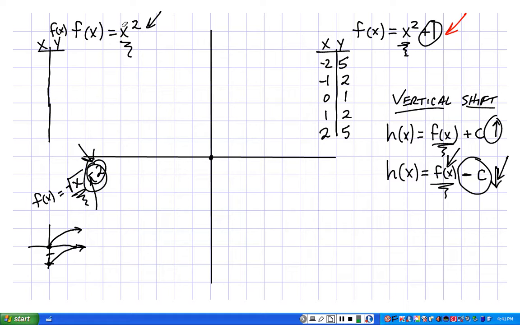Alright, so now we're going to say our f of x is equal to, let me erase these as well.